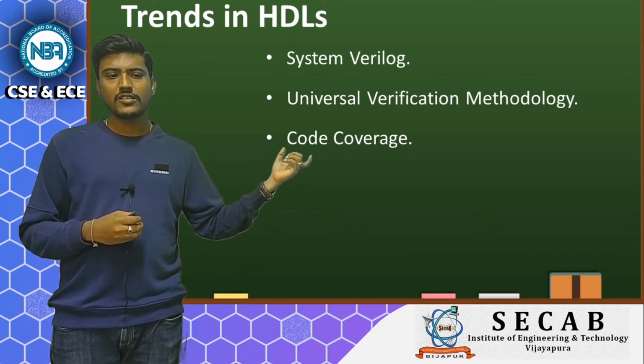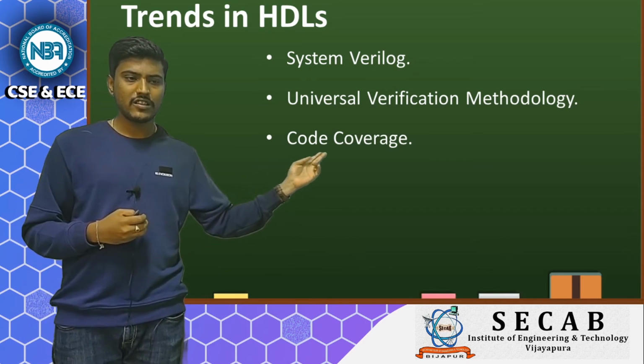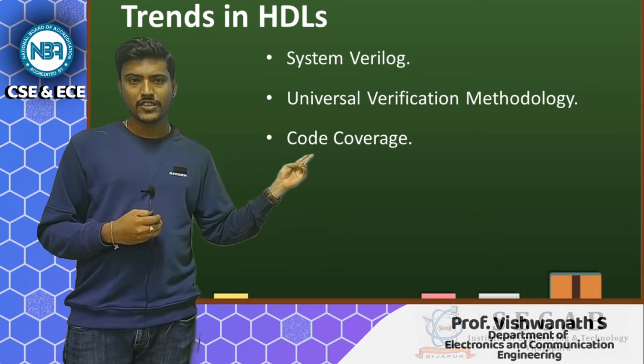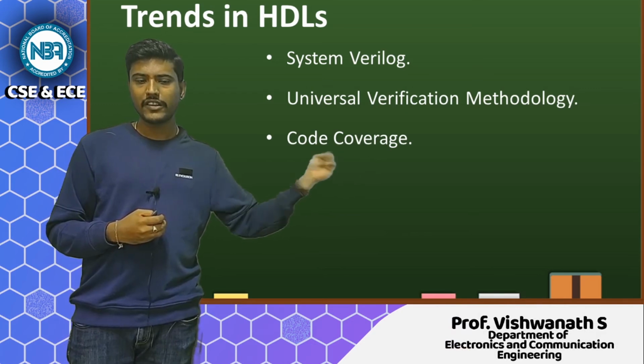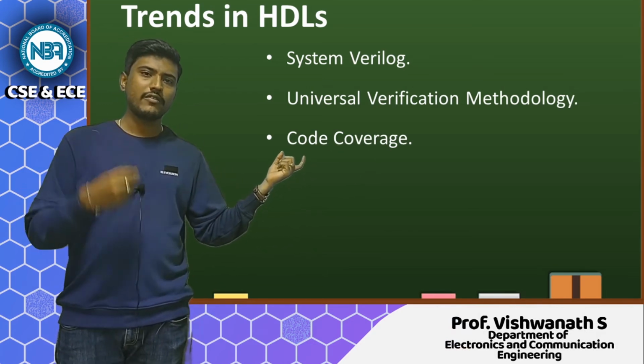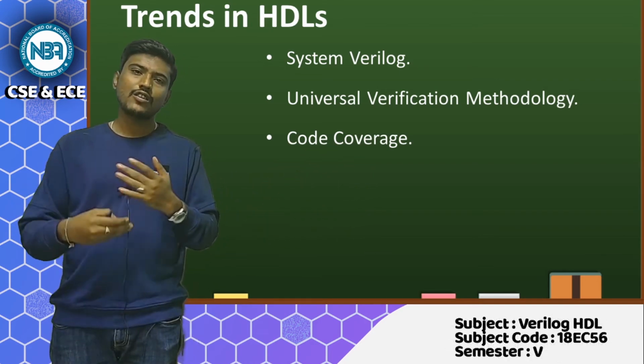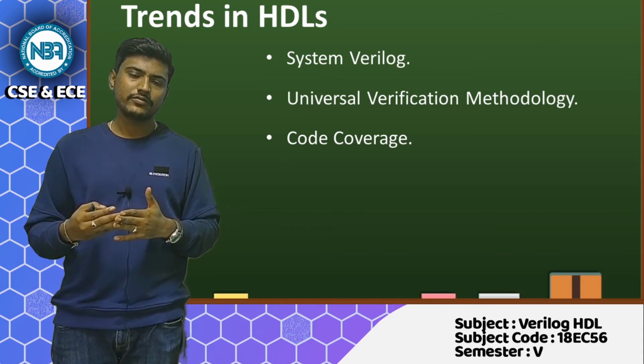Here comes something called code coverage. As the name suggests, code and coverage: code is the program you have written, and coverage means how much of your code has been covered.